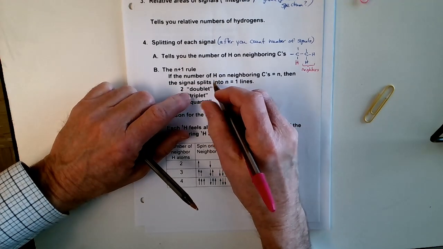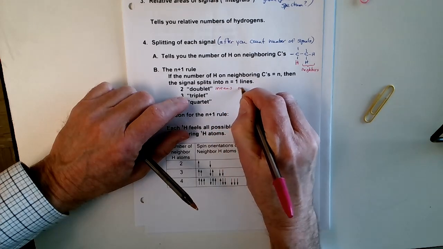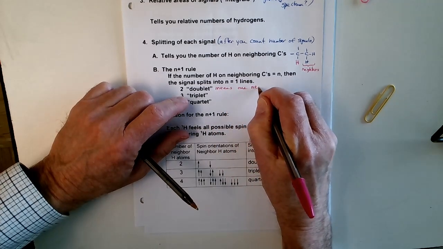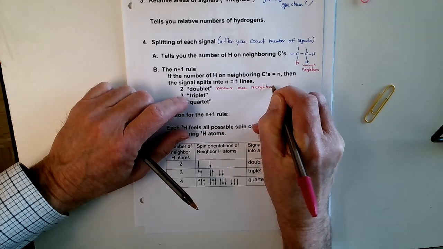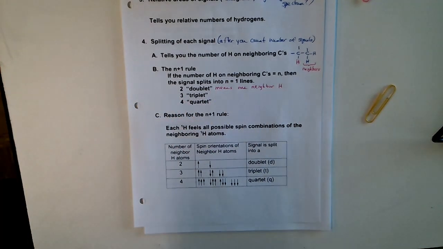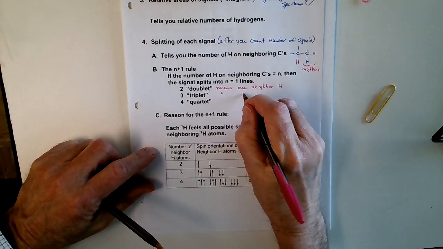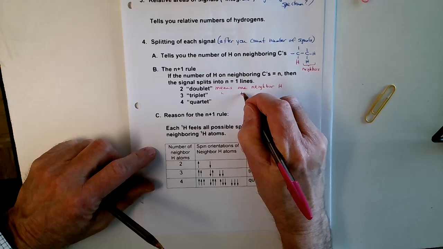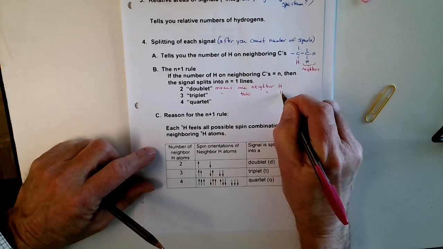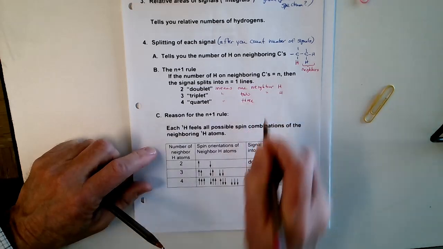A doublet means just one neighbor hydrogen. A triplet, in other words, somebody took a hatchet and split the signal into 3 pieces. That means 2 neighbor hydrogens, and so forth. I'll just kind of stop with that because you can see the trend.